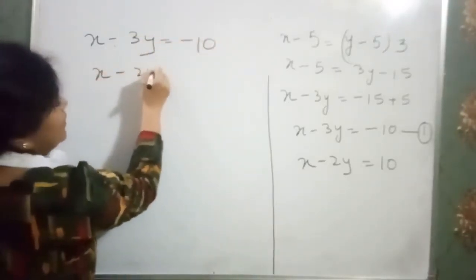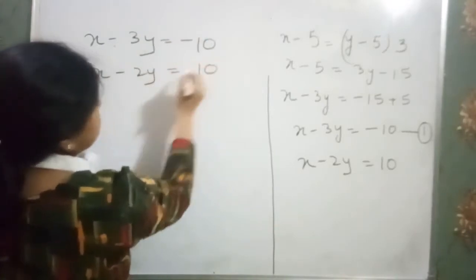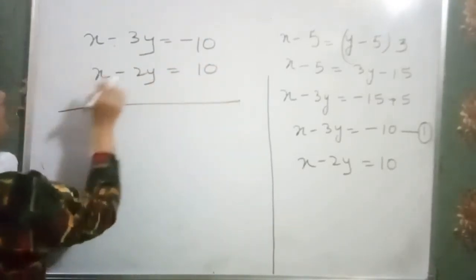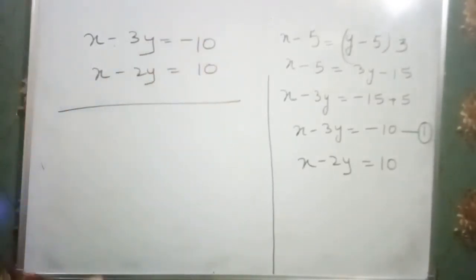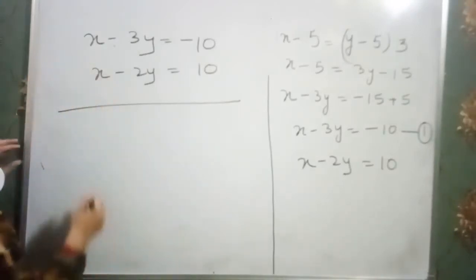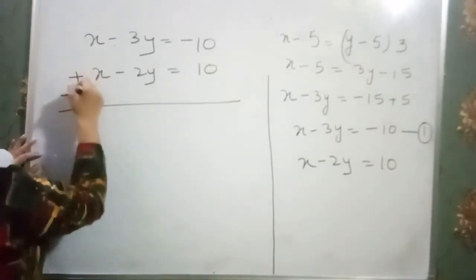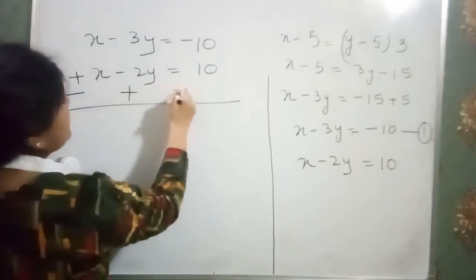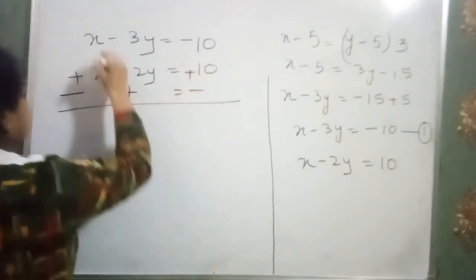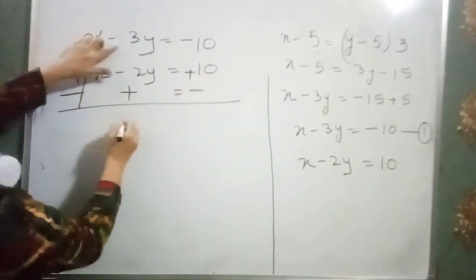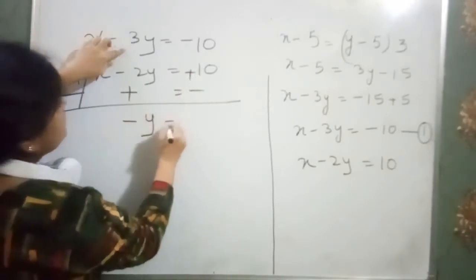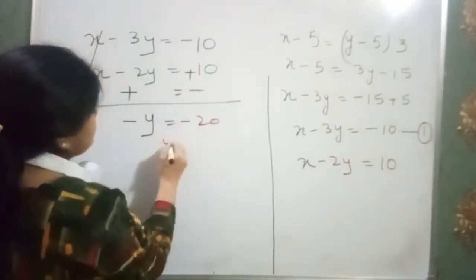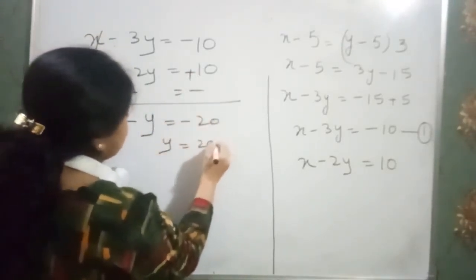We don't eliminate the constant because we need to find the values of x and y. Just eliminate x or y, anything. Here the signs are opposite, so x gets cancelled. Here we have minus y, here minus 20. So y is equal to 20.